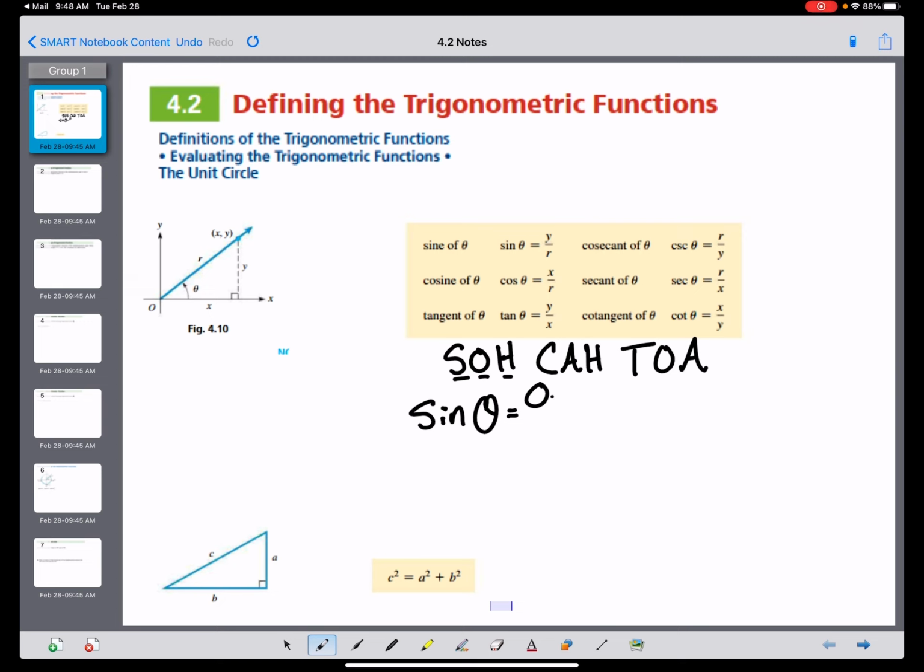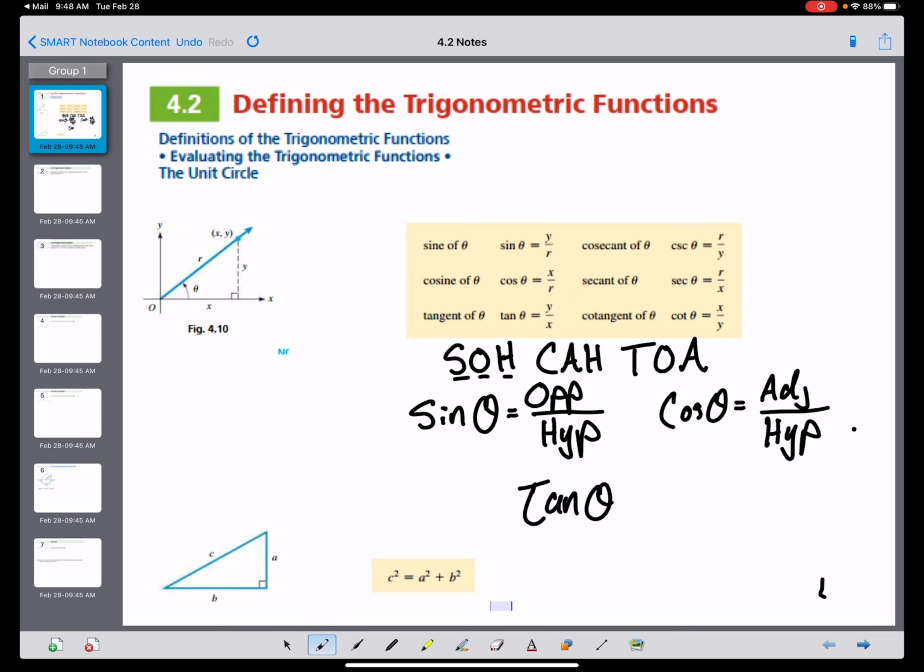Then the cosine of some angle is equal to the adjacent over the hypotenuse. And then we have TOA, which says the tangent of some angle is equal to the opposite over the adjacent.